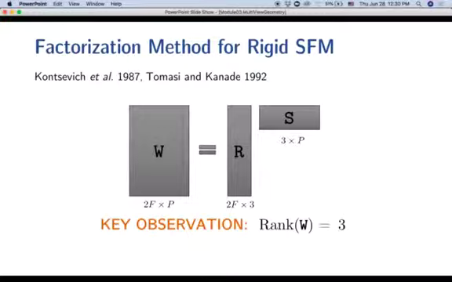So the rank of W will be exactly equal to 3 if you have at least 2 frames and your points are spread in 3 dimensions, which means you have at least 4 points, because 3 points are always coplanar, and they must be non-coplanar. Then W's rank will be exactly 3, no more, no less.